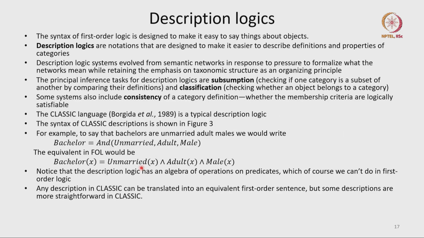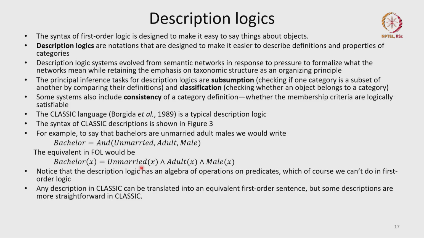Okay, so the next logic that we are going to talk about is what is called the description logic, which is a little different from the predicate logic that we are looking for, and it is easy to describe the definition and properties of categories. Okay. For example, if you are talking about a particular category, you can use words like and etc., right.